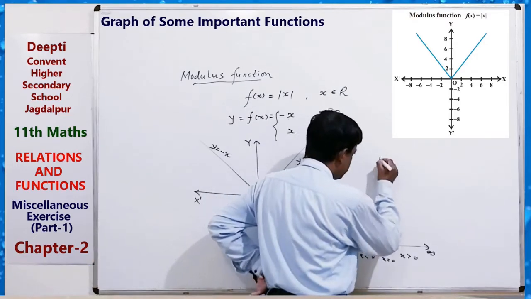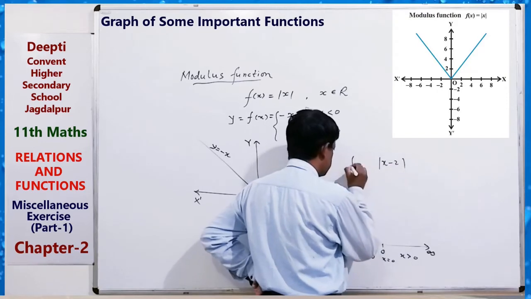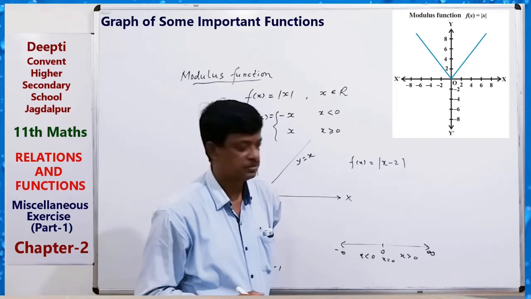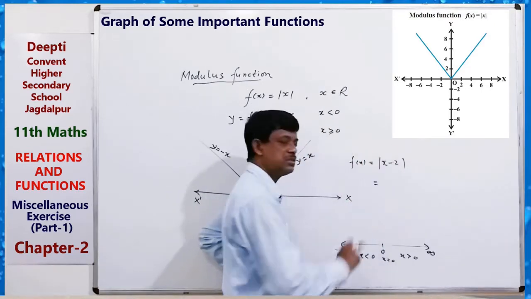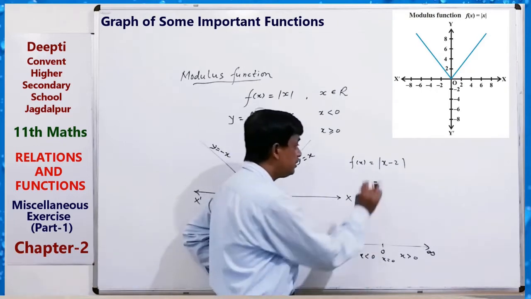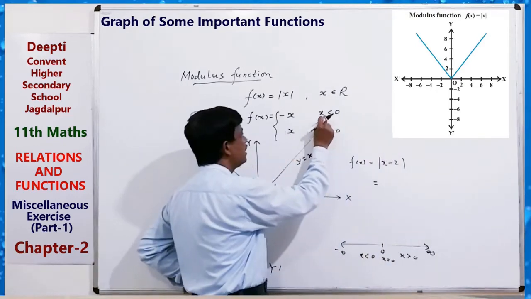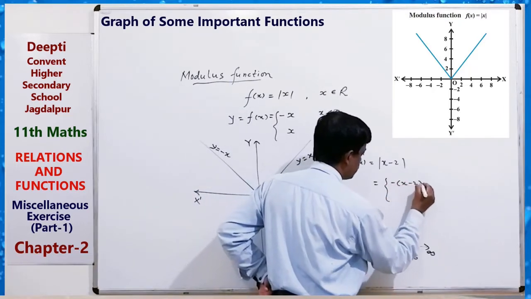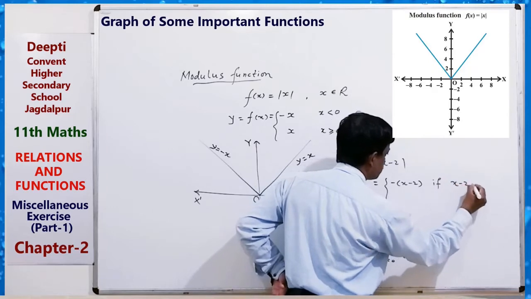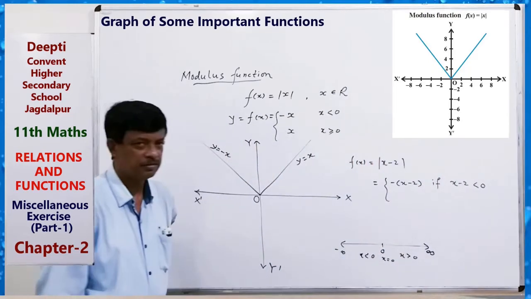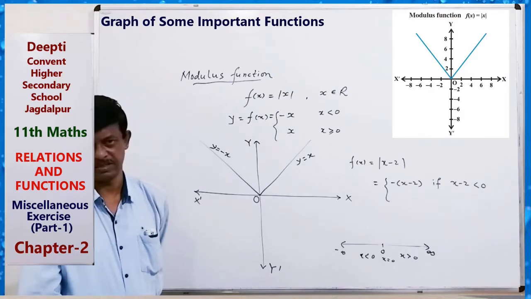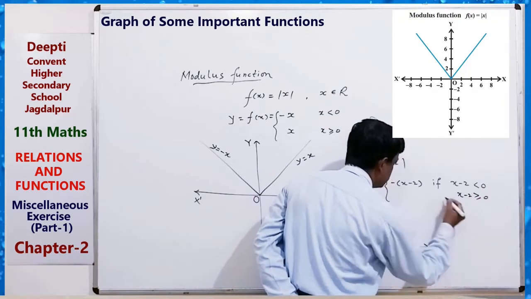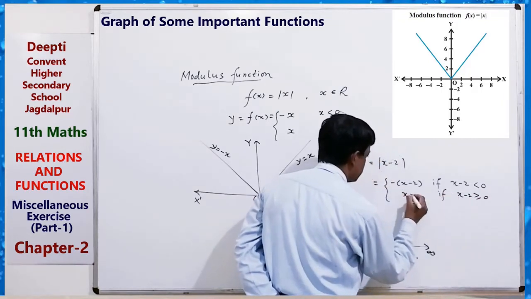Suppose we have, for example, f(x) = |x - 2|. Then how can we break this modulus? If this is negative, then a minus sign is in front. So minus of (x - 2) if x - 2 is less than 0, and if x - 2 is greater than or equal to 0, then x - 2.